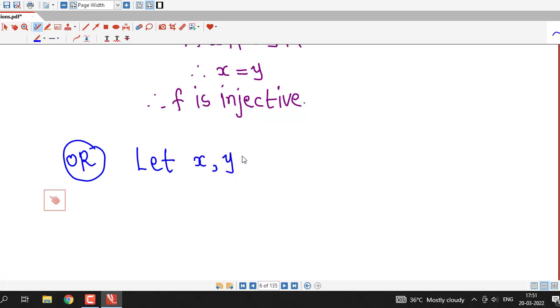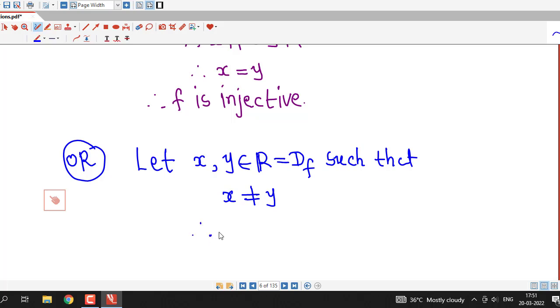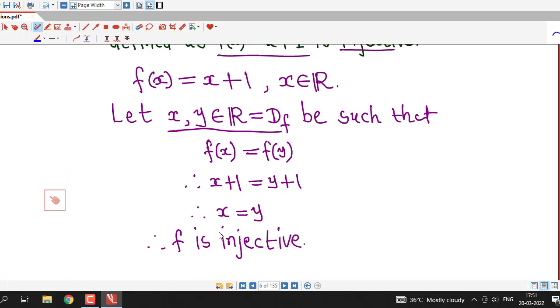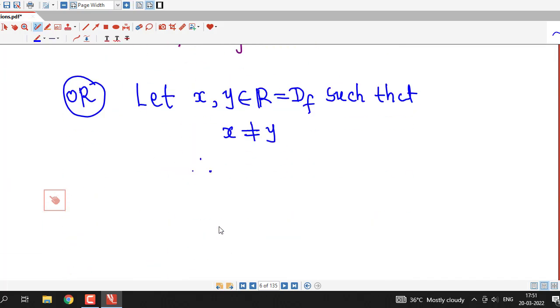Let x, y belongs to R in the domain of f such that x and y are distinct, such that x is not equal to y. And we have to show that if x and y are distinct, f(x) and f(y) are distinct. So we have to show that f(x) is not equal to f(y). We have to prove this one. If x is not equal to y, we have to show that f(x) and f(y) are not equal. f(x) is x plus 1, f(y) is y plus 1.